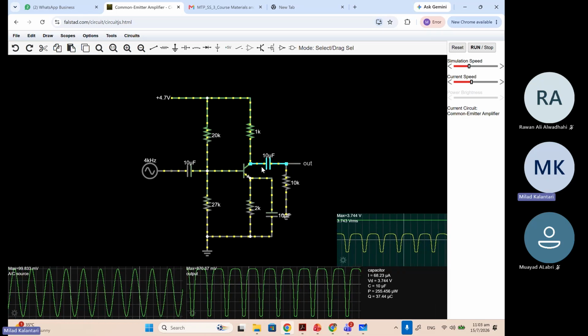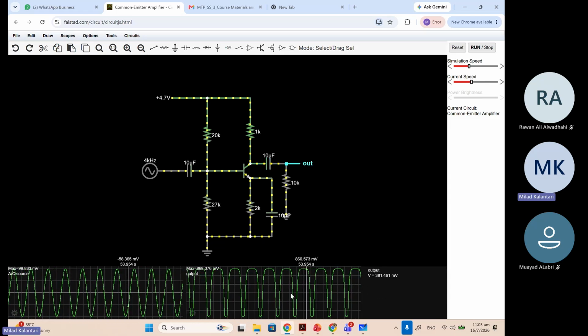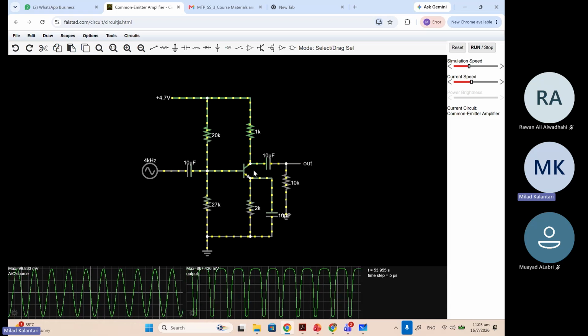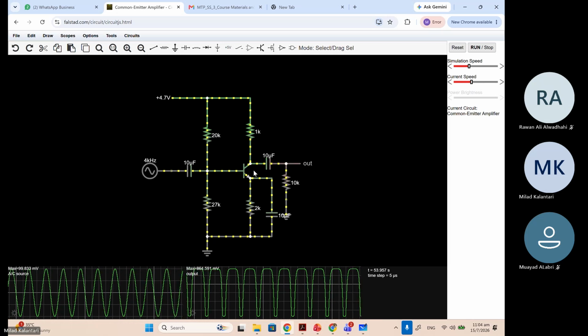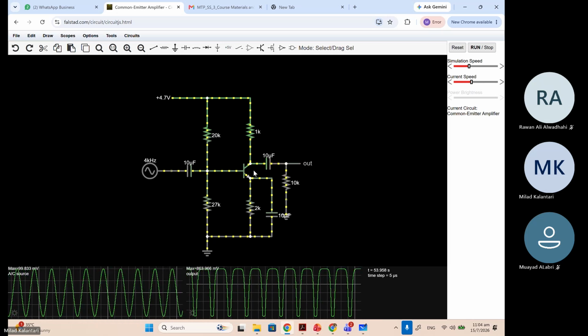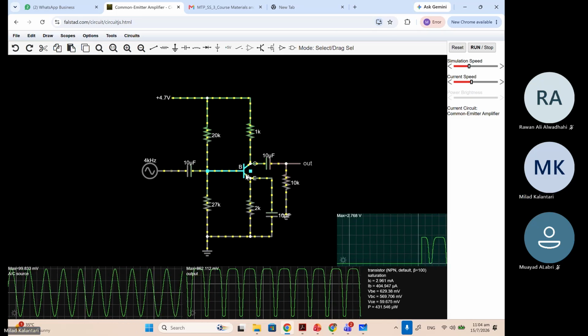It's not half, but there is some relation, right? So in the extreme cases, what will happen to the transistor? Yeah. What is the reason of that clip?